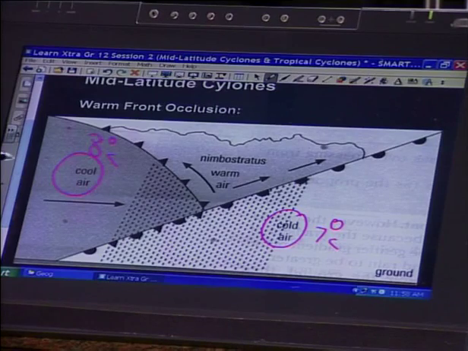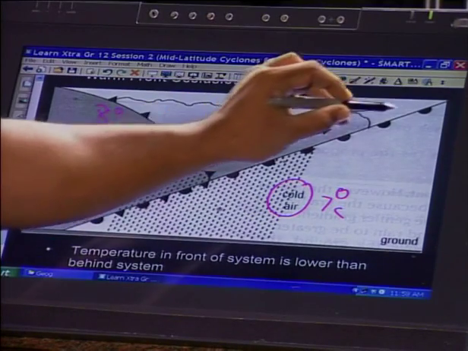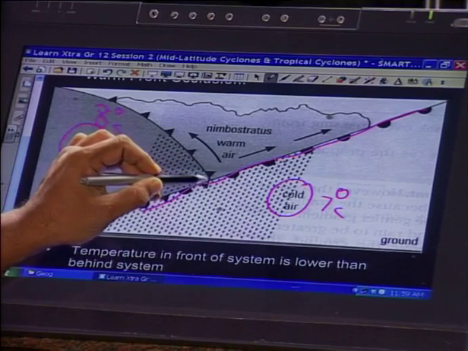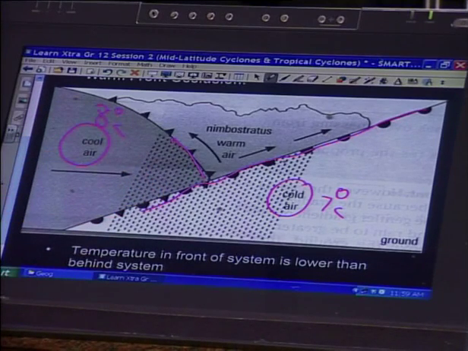And I'm using my old point again, as I say, it may not be geographically correct, but it makes learners understand that. All right? If you look at this, the warm front seems to be well formed and it seems to be cutting into the cold front. And from this, you can actually identify your warm front or cold front occlusion.